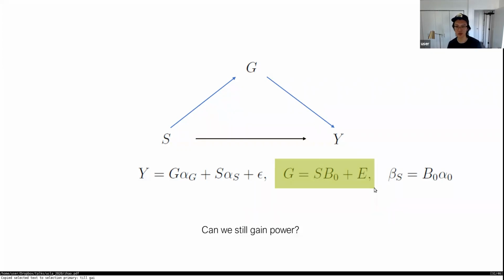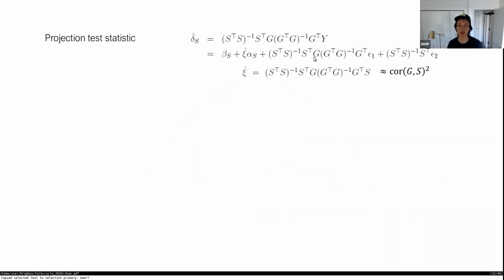Instead of regressing Y directly on S, what if we could capture information about Y in G? Because we measure G, we can fit this equation here and use it. That's the motivation behind this statistic. It's not saying that we want to go through that path necessarily, or that we don't care about that path. It's the best way we could think of to use the extra G information that we had.